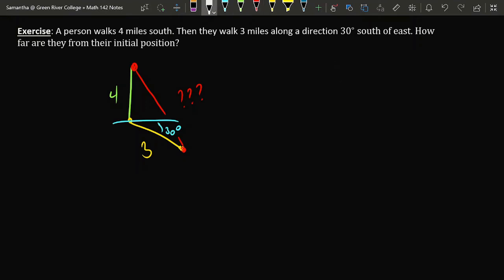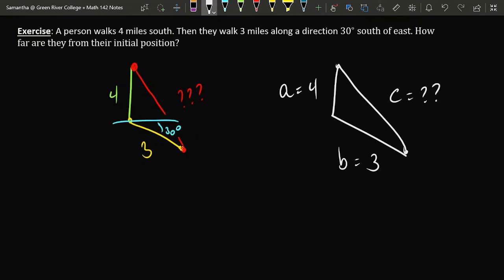So I'm going to reframe this as a triangle problem. I was given the length of one of the sides, A equals 4, and let's say maybe this is B equals 3, and I'm trying to determine the value of the remaining side, C equals question mark. Now I was told that the person's second journey was along a direction which was 30 degrees south of east.